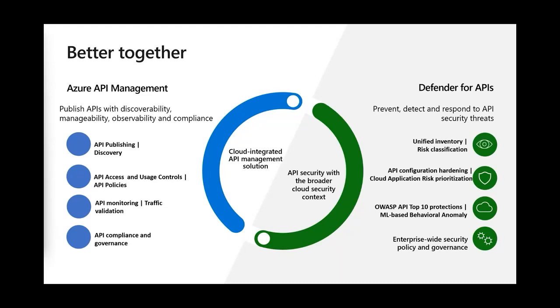And with all of these insights also flowing into the broader Defender for Cloud platform, you can begin to prioritize risks, protect APIs against the OWASP API top 10 vulnerabilities with machine learning-based behavioral anomaly detections that understand the normal traffic passing to and from each endpoint, in addition to role-based protections. Overall, by using these solutions together, you can get a single pane of glass to enforce policies, monitor threats, and ensure you reduce your API attack surface as much as possible.